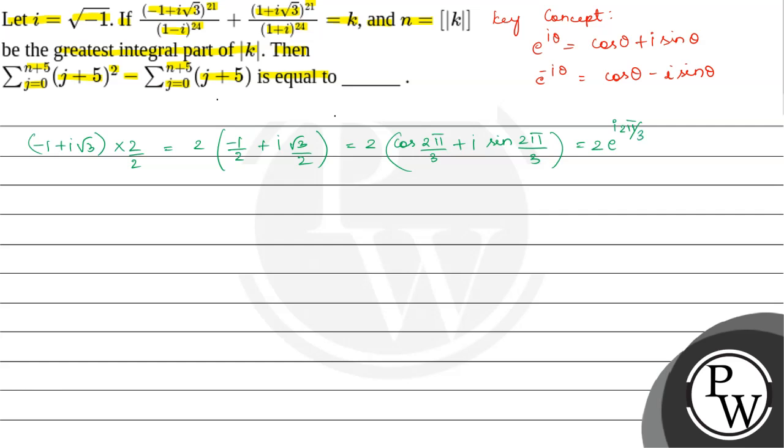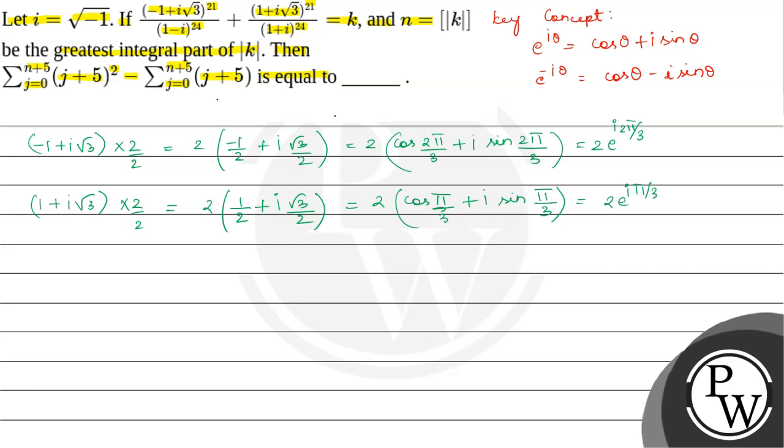Now we have 1 + i√3. If we multiply and divide by 2, we get 2 into (1/2 + i√3/2), which is 2 into (cos π/3 + i sin π/3), which is equal to 2 e^(iπ/3).